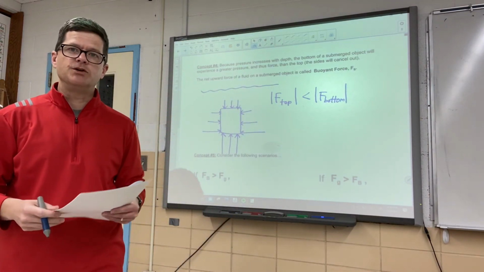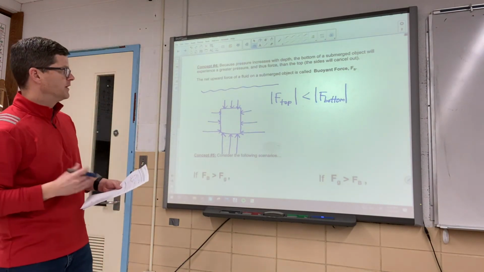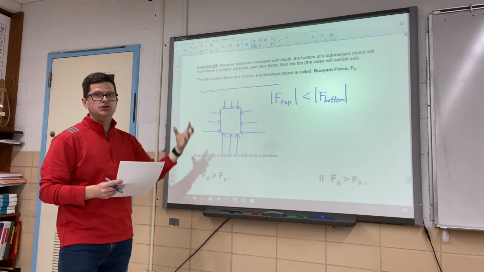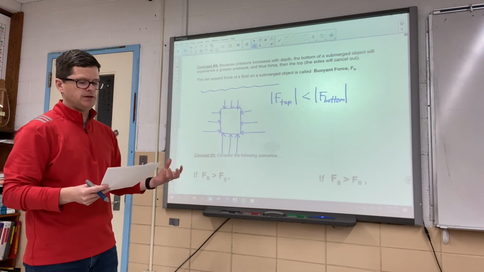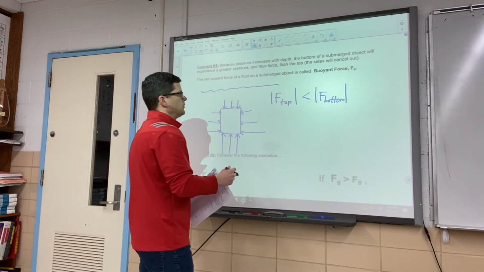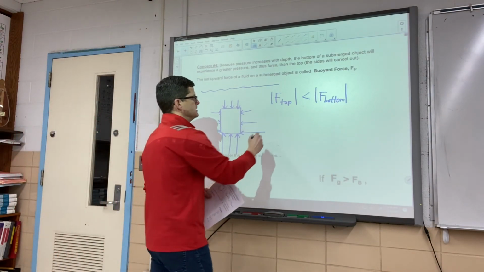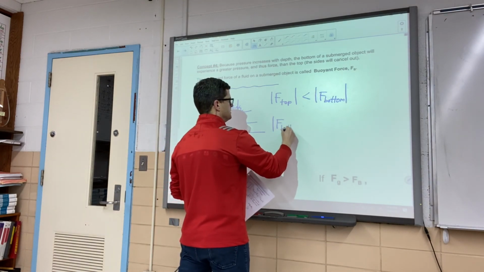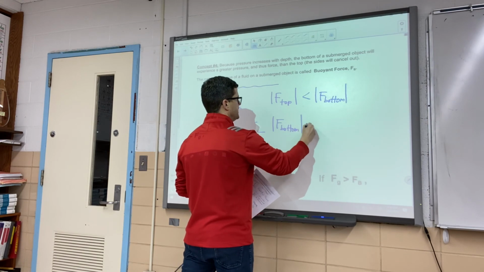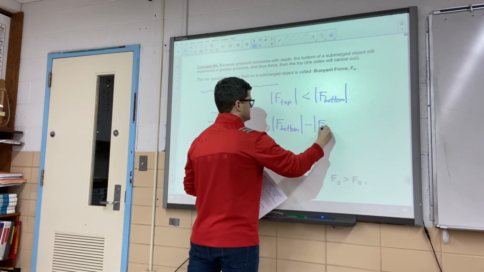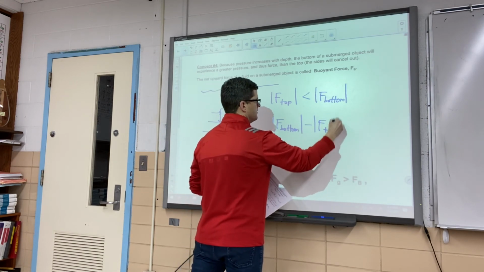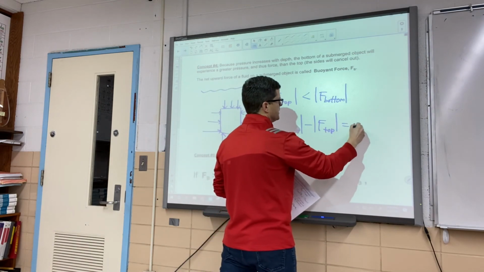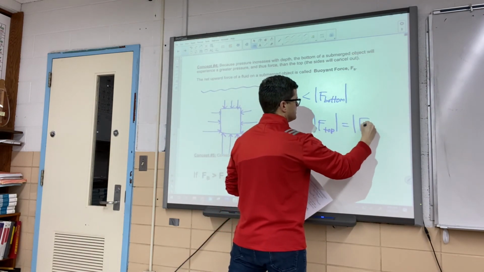In other words, you're going to have a net upward force on the object due to pressure in that fluid. So one way I could calculate that is that the force on the bottom is bigger, right? So the force on the bottom, magnitude, minus the force on the top, magnitude, will equal something that we call the buoyant force.